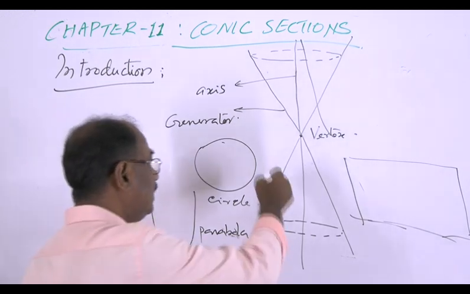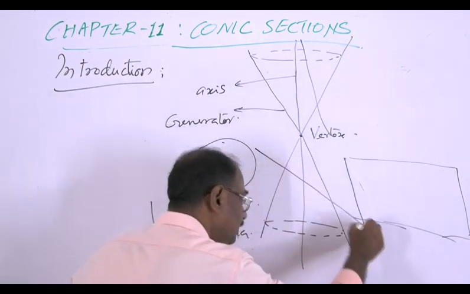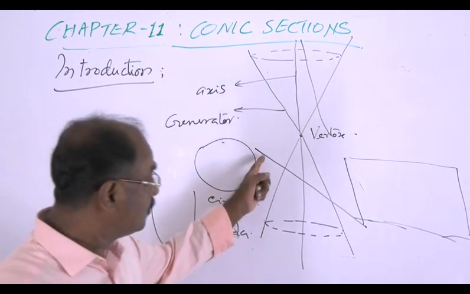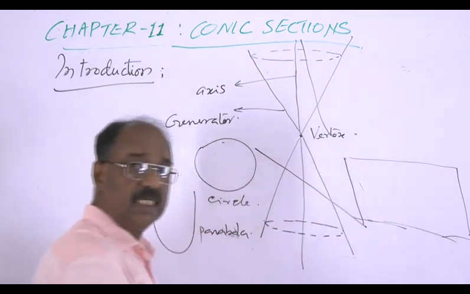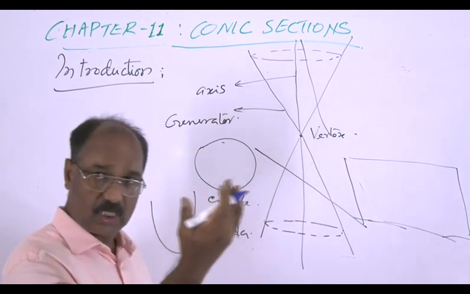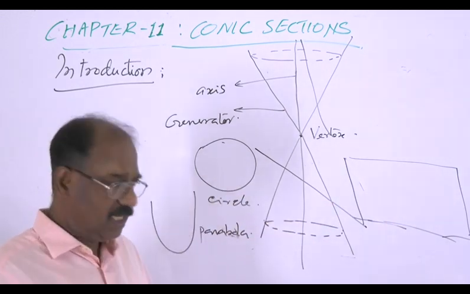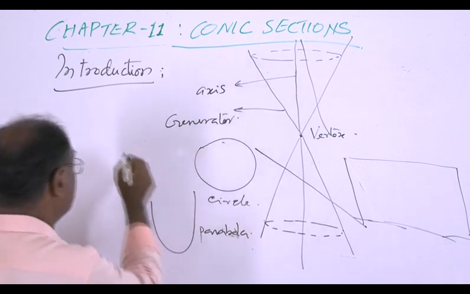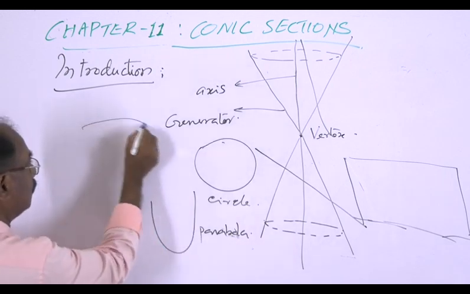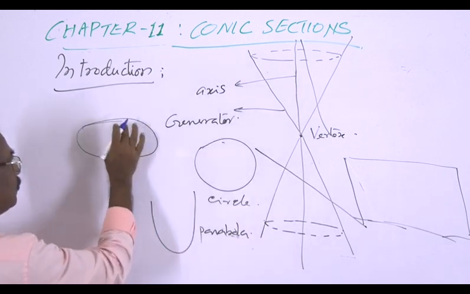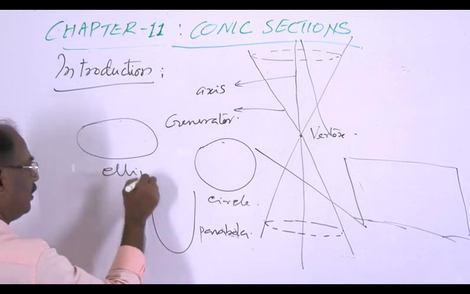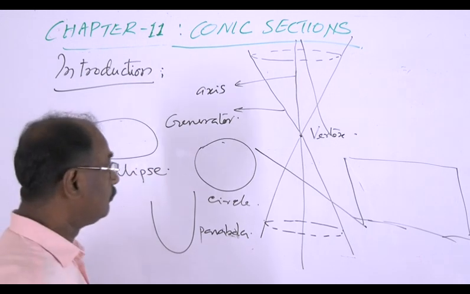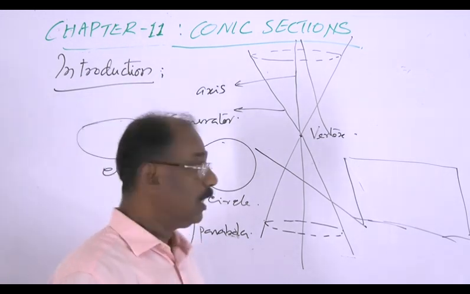And suppose the cone is cut by the plane in this form. Then the cross section will be an elongated circle in this form. This is called an ellipse.